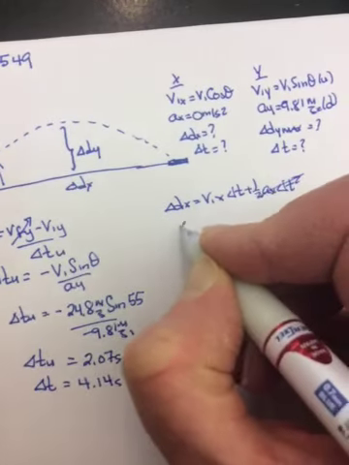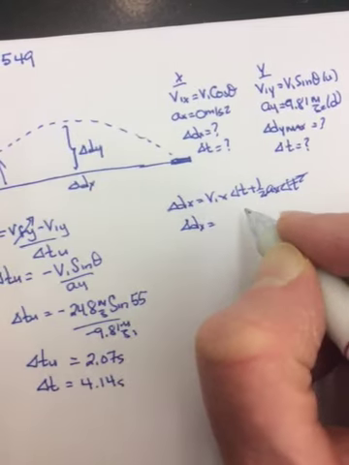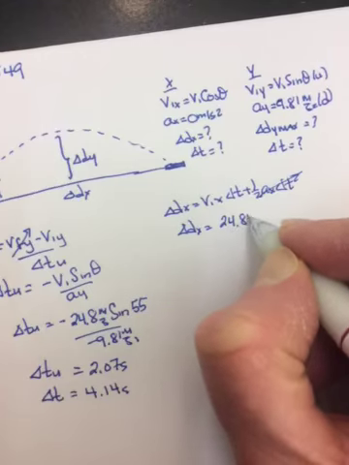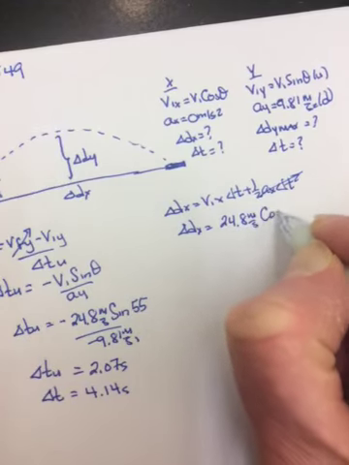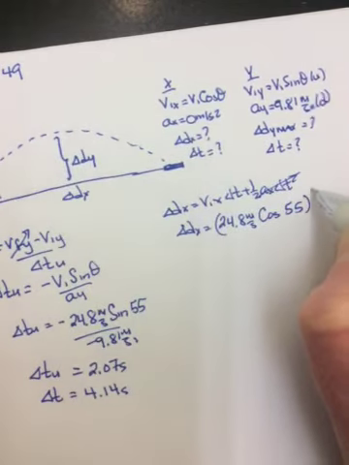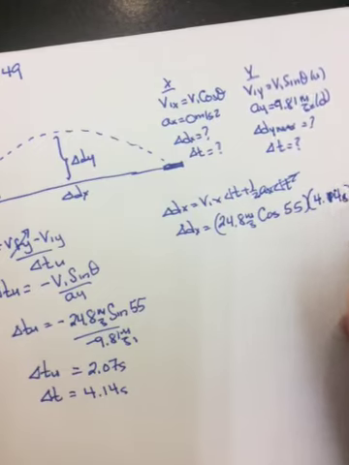and this is going to go to 0. So delta dx is going to equal VI, which was 24.8 meters per second, cos of 55. And you have to put the whole range in here. So 4.14 seconds.